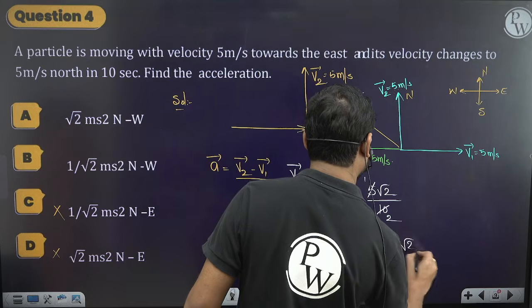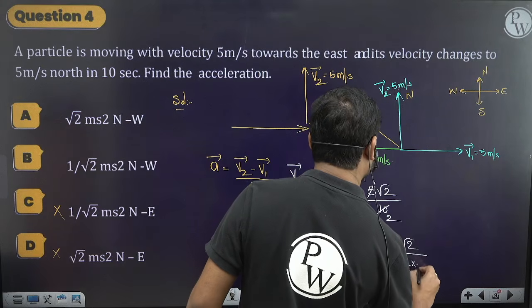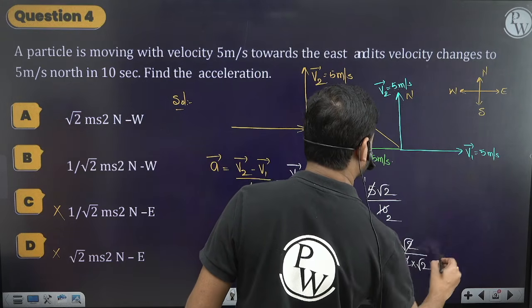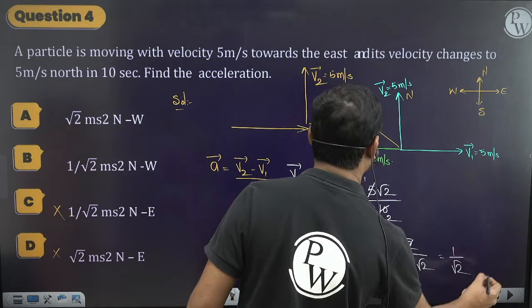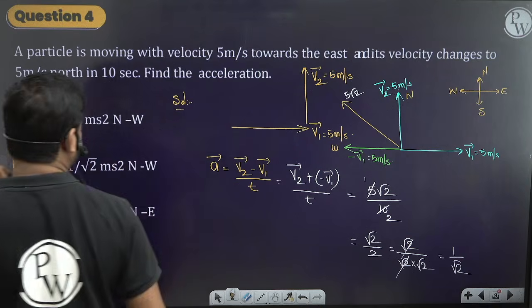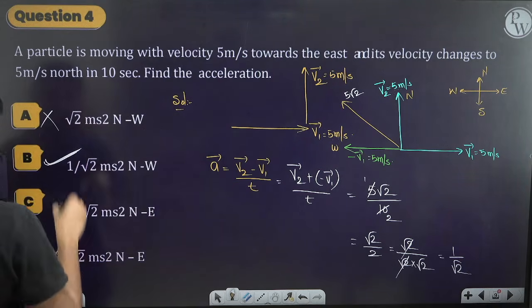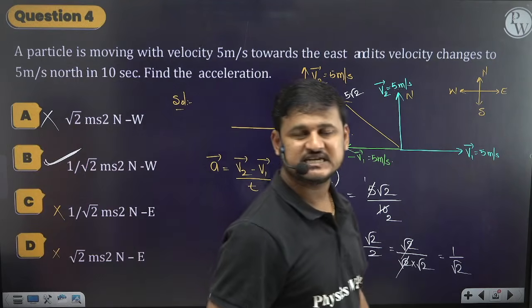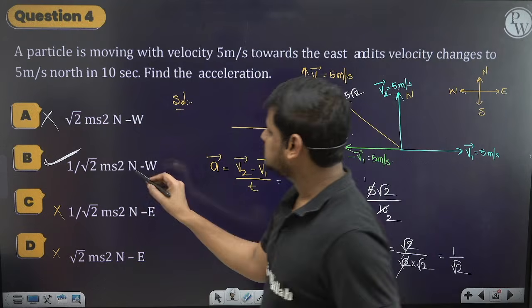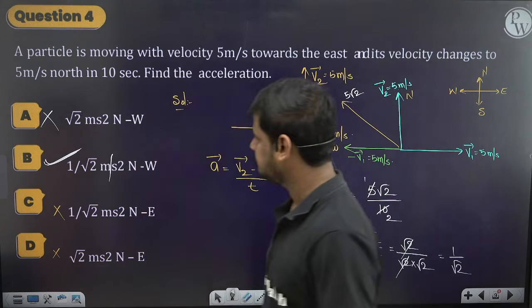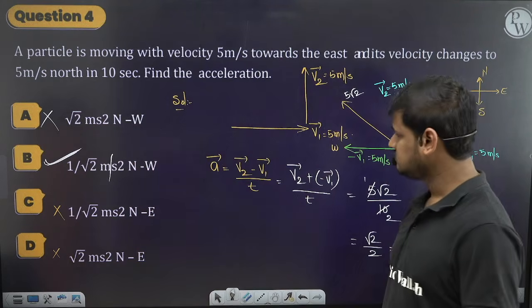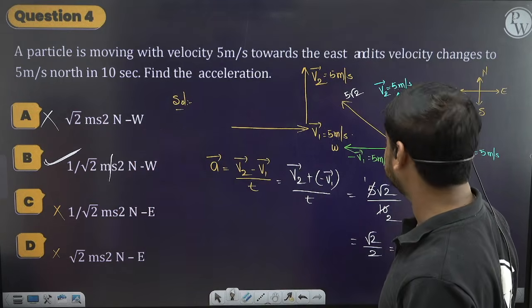So the answer is 1 by root 2 meter per second square northwest. Here it is given root 2, no. So 1 by root 2 meter per second square northwest. This is meter per second square. Okay, clear? So next.